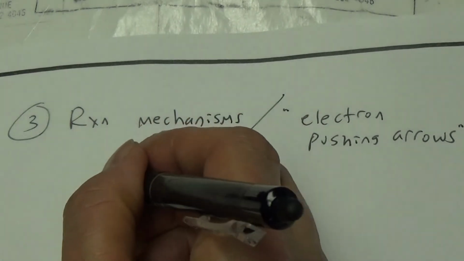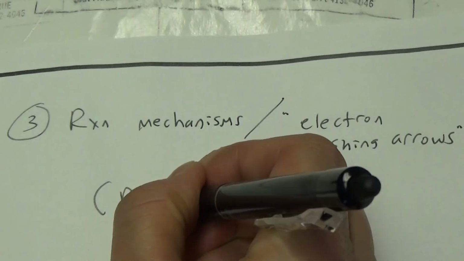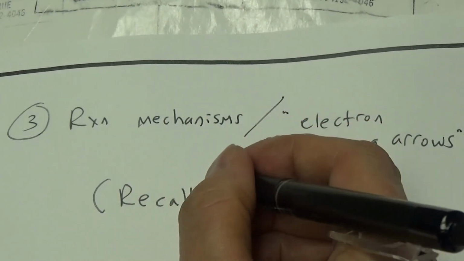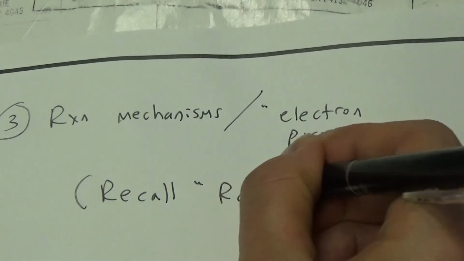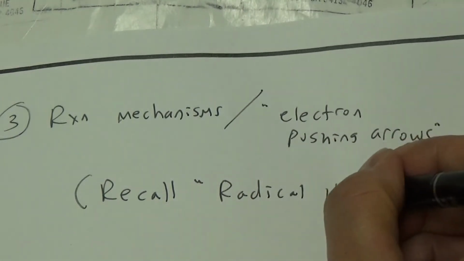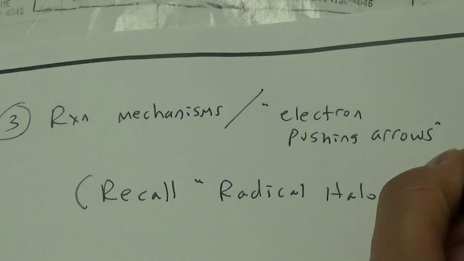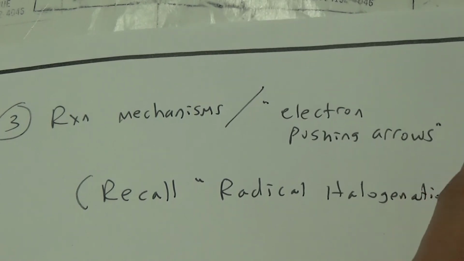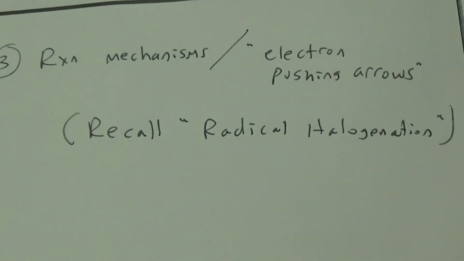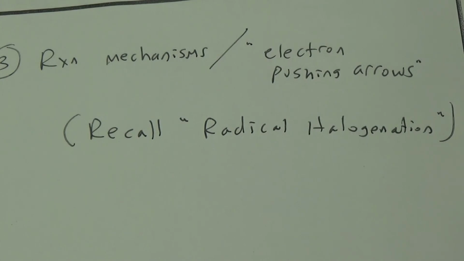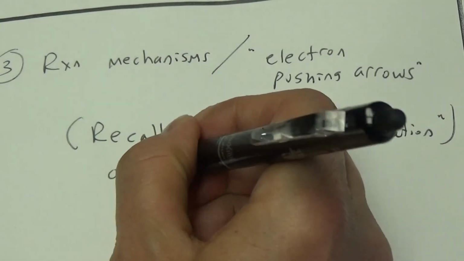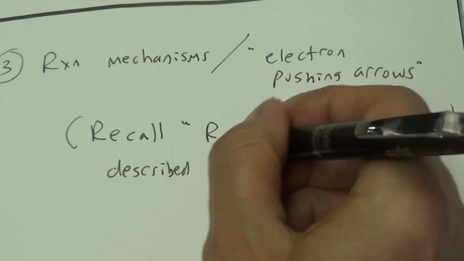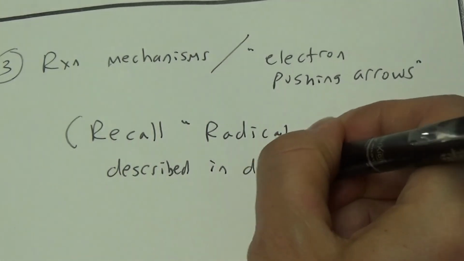So recall, first let's just recall radical halogenation. Remember radical halogenation? That was the first reaction you learned about. It was described in detail in terms of the mechanism.